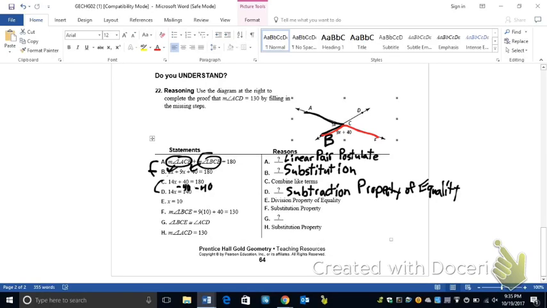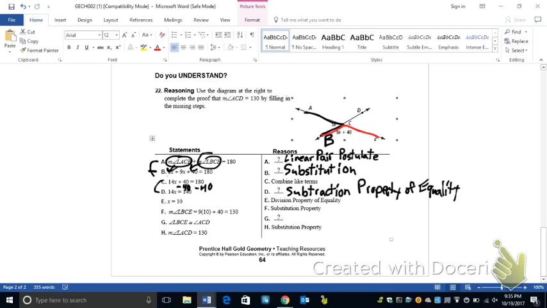And then we go to G. Now here, it's a little bit different. So there we have that BCE is equal to 130. And then G says the measure of angle BCE. That's not true. It's not the measure. It's just the angle. Angle BCE is congruent to angle ACD.